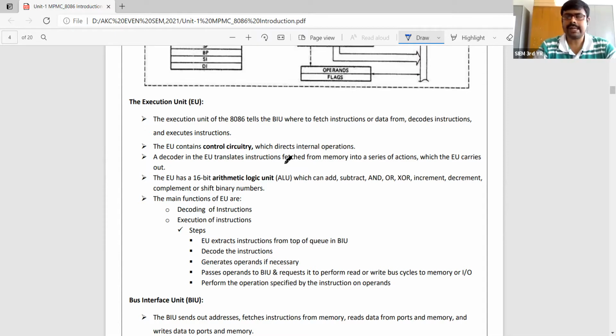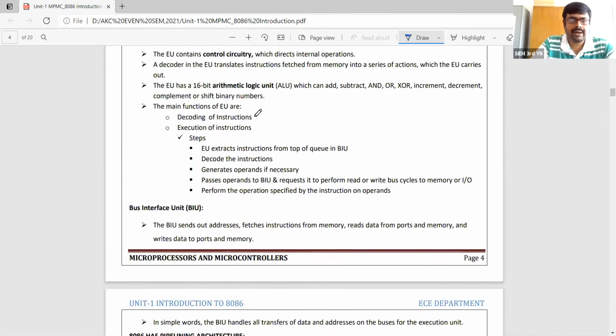The execution unit has a 16-bit ALU, the arithmetic logic unit. We know its functions: addition, subtraction, AND, OR, XOR, increment, decrement, complement, or shifting a binary number. These are the different operations that can be completed using the execution unit. The main functions of the EU are subdivided into 2 sections.